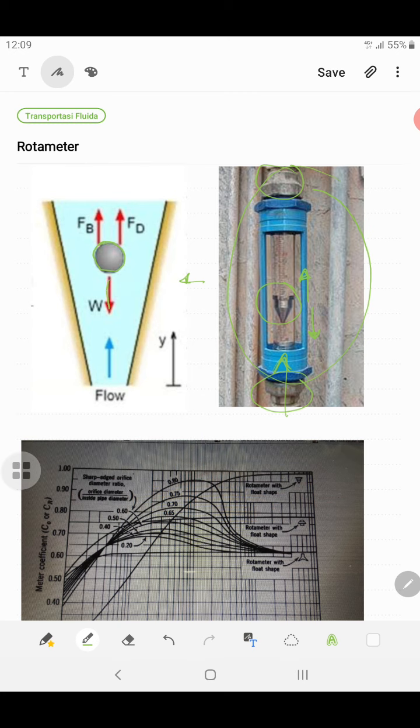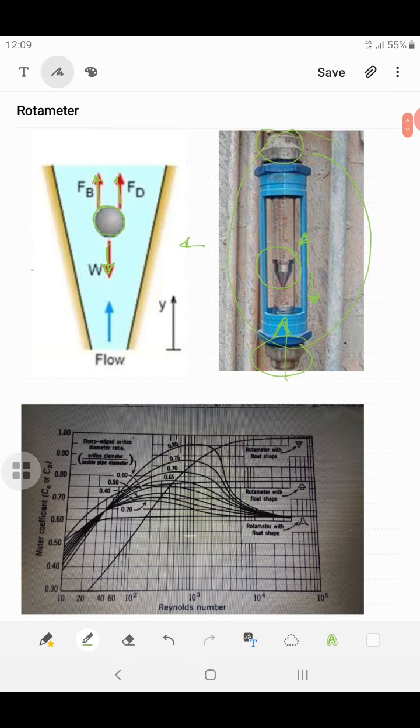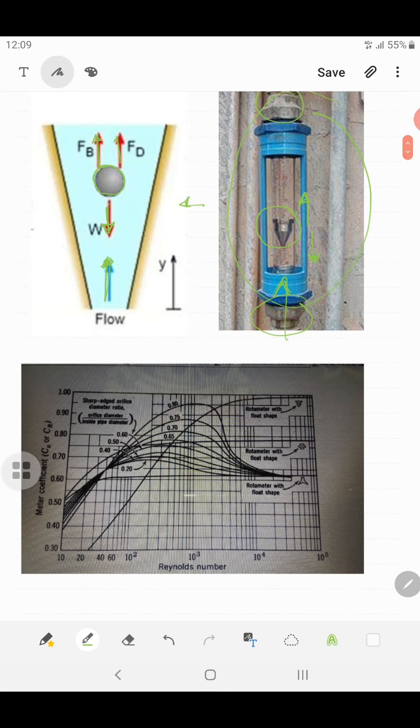The first one is the gravity force, Fg. The second one, Fb, is the buoyancy force, and the third one, Fd, is the driving force. You can see that the flow is coming from the bottom, and just skip this graph first. We are going to derive the equation first.